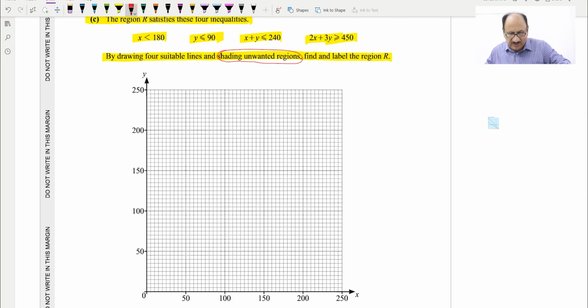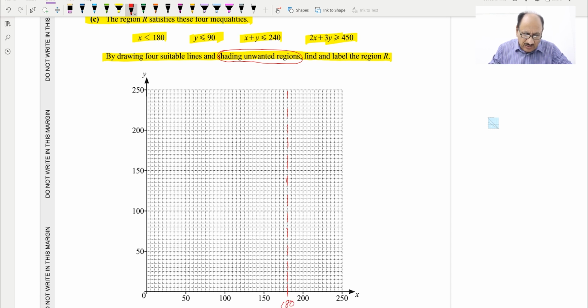It's only less than, not less than or equal to. So we will identify 180. 180 will be this line, and we can draw this as a dotted or broken line like this one. So this is indicating 180, so we can write 180 here as well.